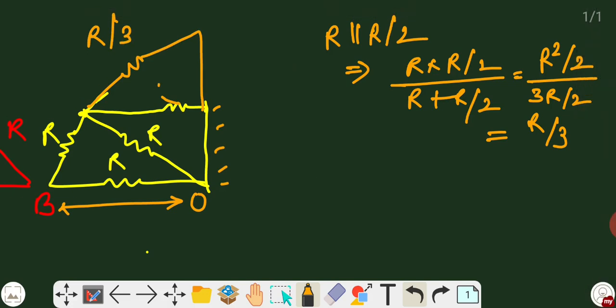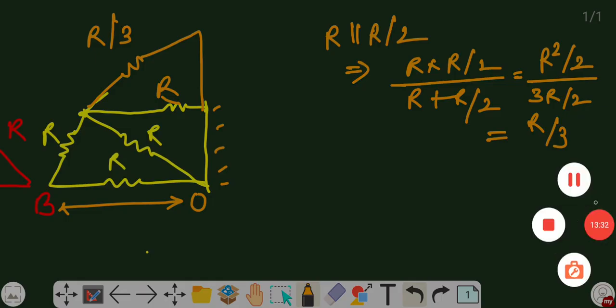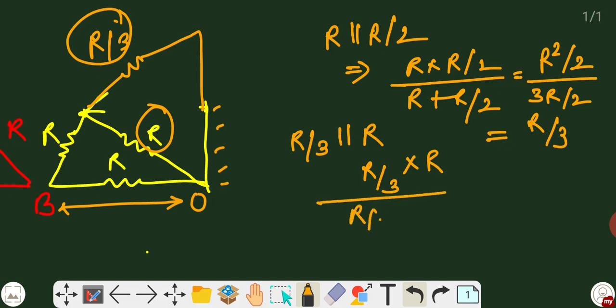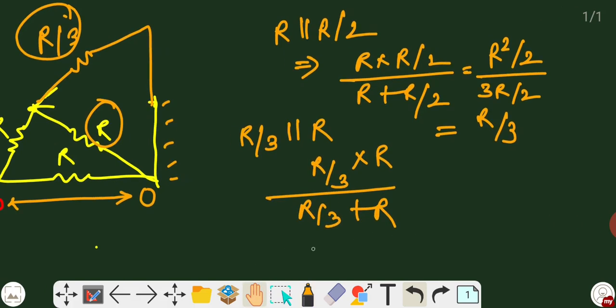Now this R by 3 is in parallel with respect to R. So R by 3 parallel to R is R by 3 into R upon R by 3 plus R, equals R square upon 3 upon 4R upon 3.